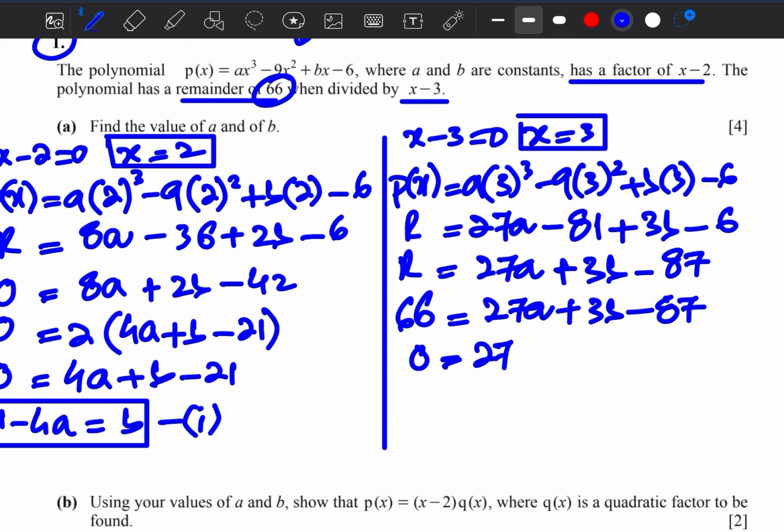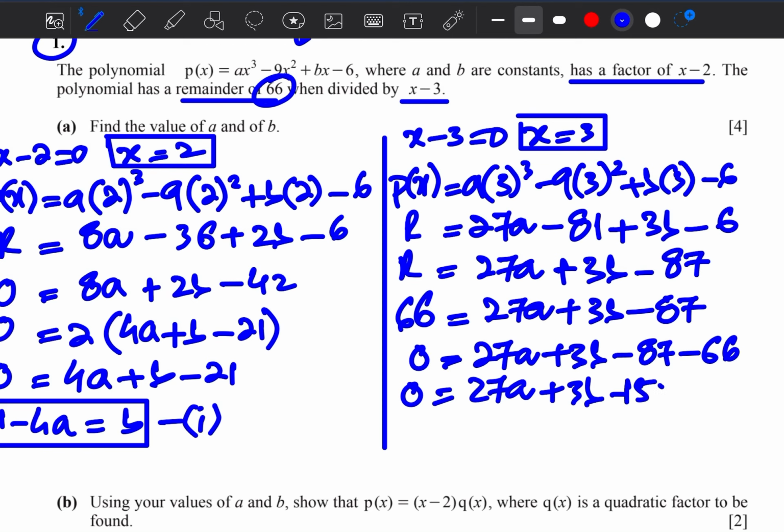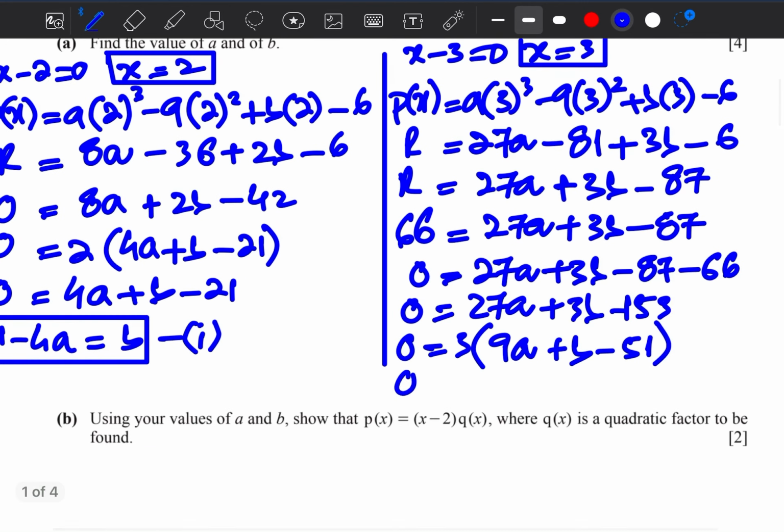I'm going to move the 66 to the right hand side, it becomes minus 66, giving minus 153. I'm going to take 3 as a common factor. 153 divided by 3 is 51. So 0 divided by 3 is 0. 9a plus b minus 51 equals 0 is the second equation.